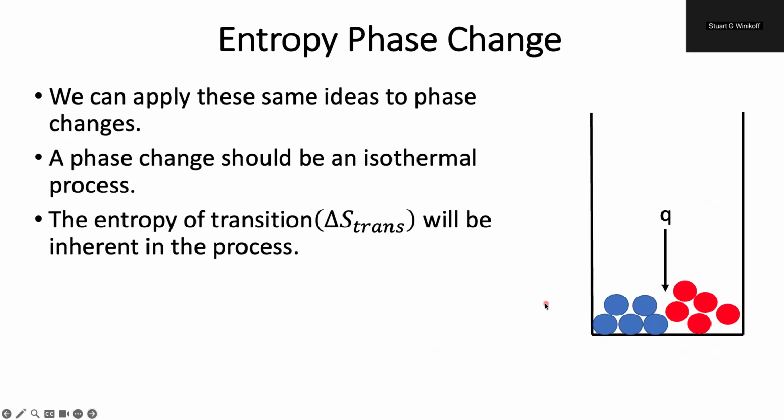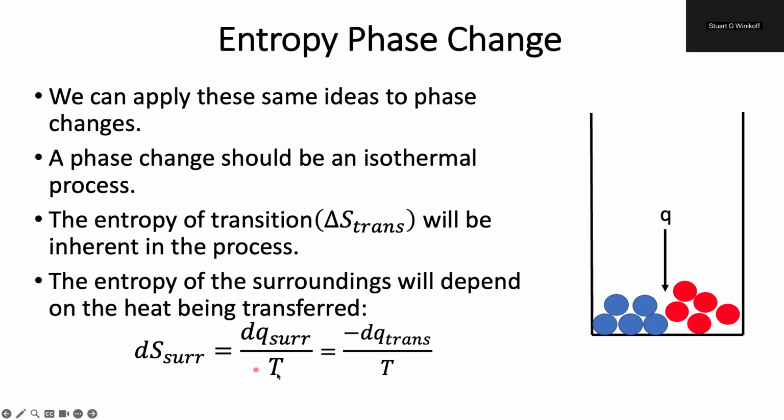However, the entropy of the surroundings will still be based on how much heat it takes to drive this process. Because if I'm going from an organized to a disorganized state, it's gonna take some energy to break those bonds. So knowing how much I have to organize the surroundings will tell me a lot about how much entropy I'm losing from the surroundings.